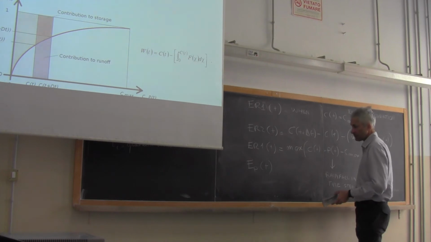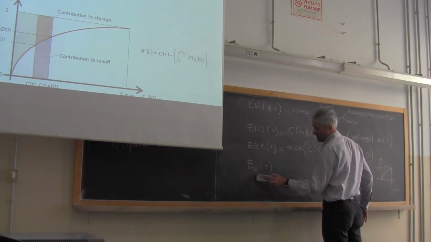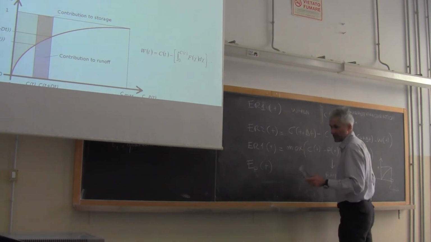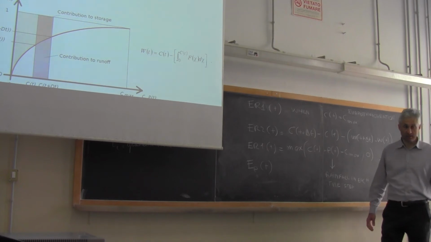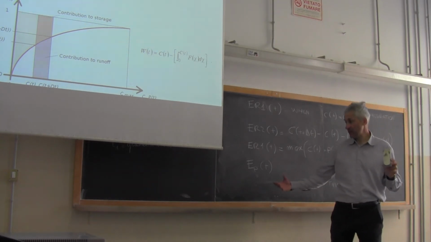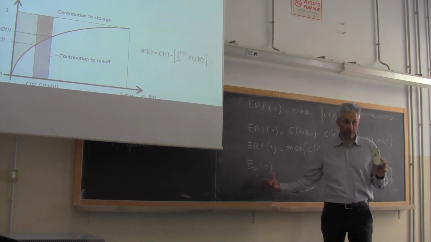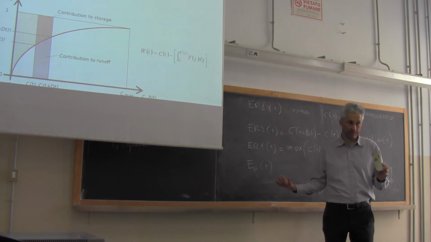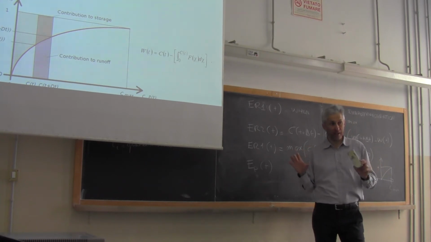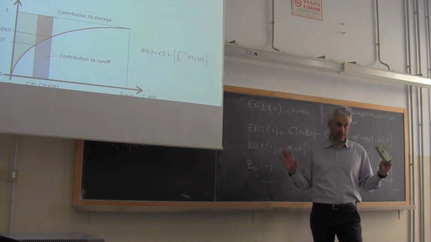And what is EP? P stands for potential. It means that this is evapotranspiration provided I have plenty of water available to evaporate. Because you understand that actual evapotranspiration may be zero if you don't have anything to evaporate.